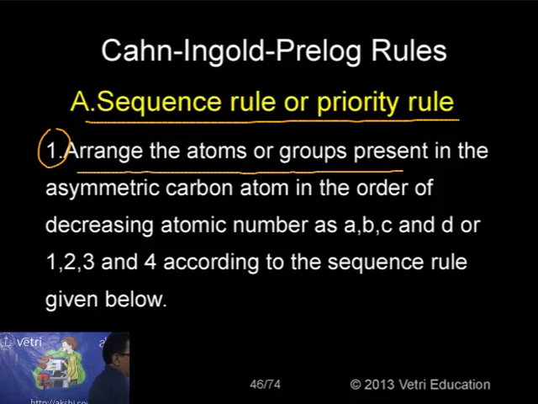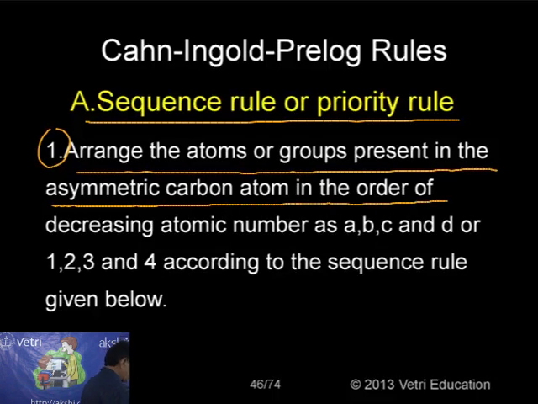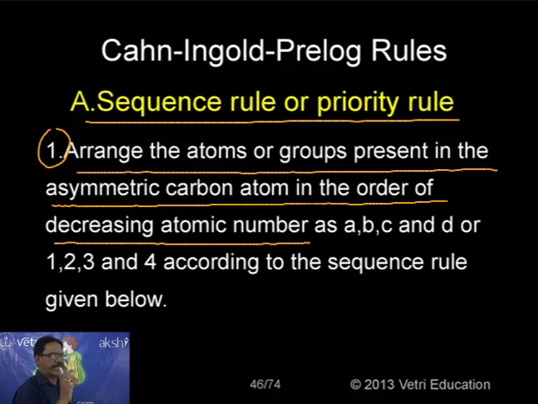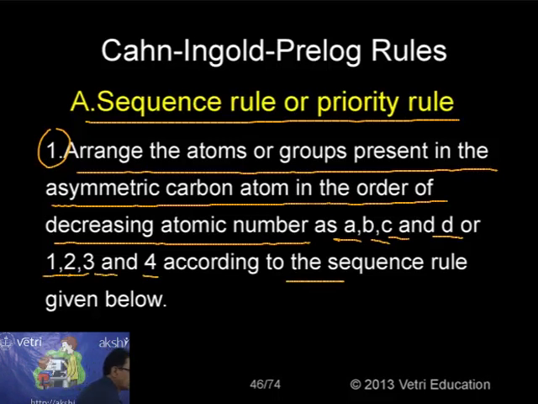Arrange the atoms or groups present on the asymmetric carbon atom in the order of decreasing atomic number. So you take any optically active compound and identify the asymmetric carbon atom. In the asymmetric carbon atom, 4 different atoms or groups will be present. Then, based on atomic number, we have to arrange them as A, B, C and D or 1, 2, 3 and 4, according to the sequence rule.